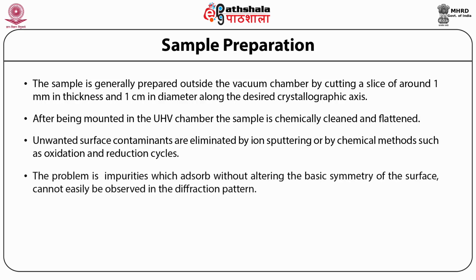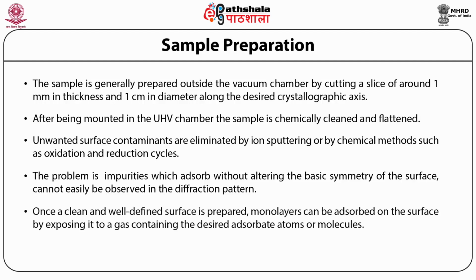The problem is that impurities which adsorb without altering the basic symmetry of the surface cannot easily be observed in the diffraction pattern. Therefore, in many LEED experiments, Auger electron spectroscopy is used to accurately determine the purity of the sample.